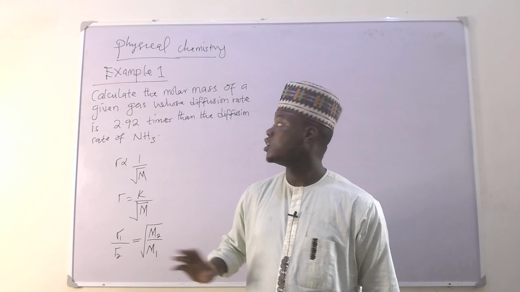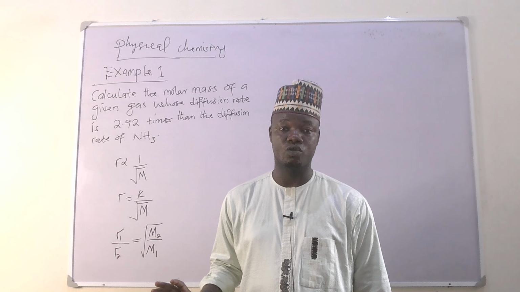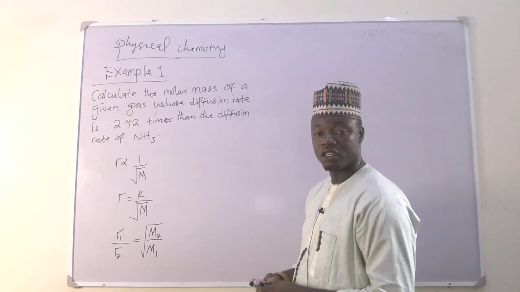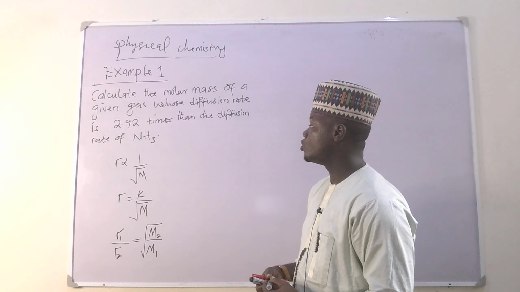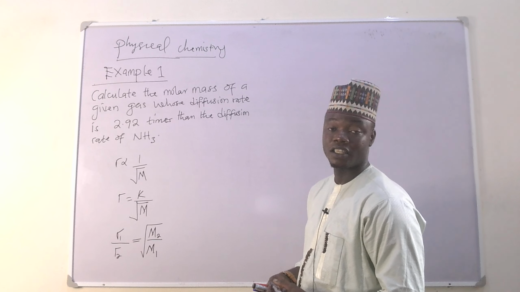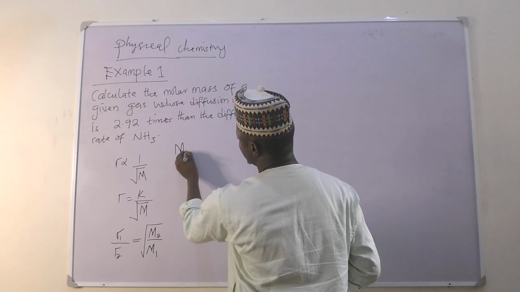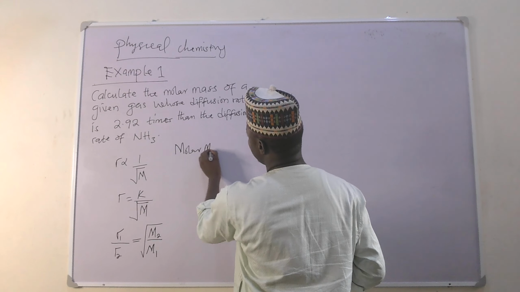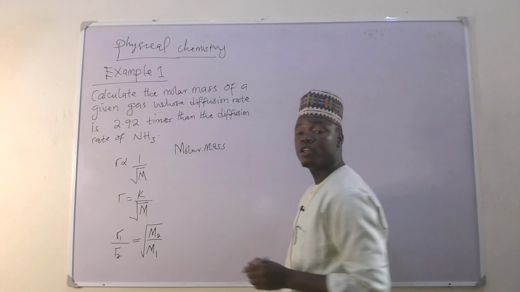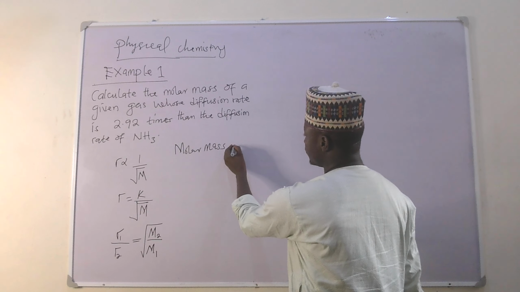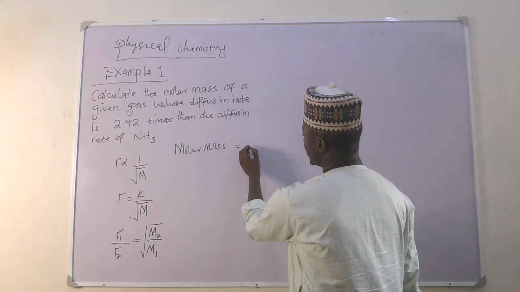Here we are given questions to answer, so let me give all the formulas that we are going to work with under Graham's law of diffusion. We also have a formula that shows the relationship between molecular mass and the Bureau density, or vapour density.